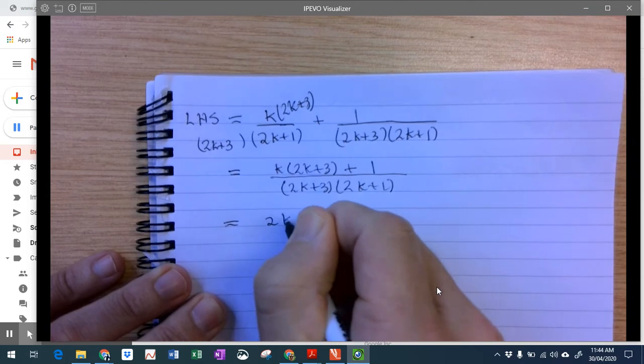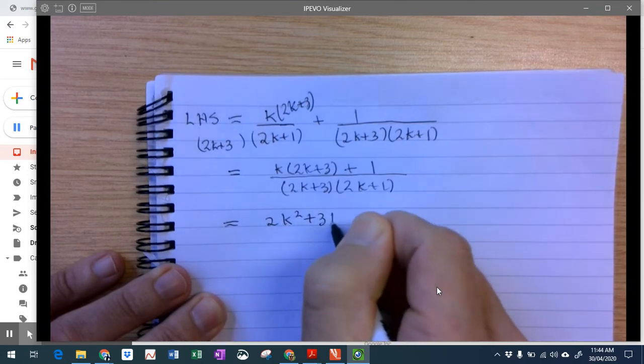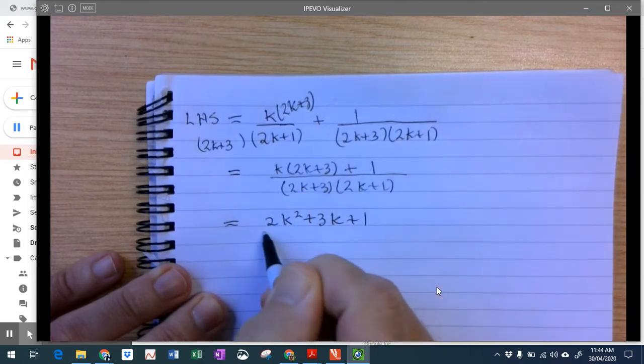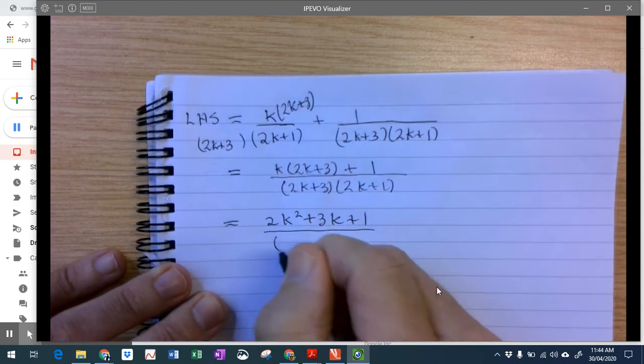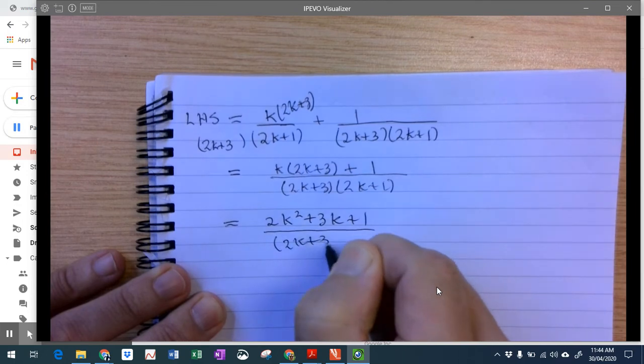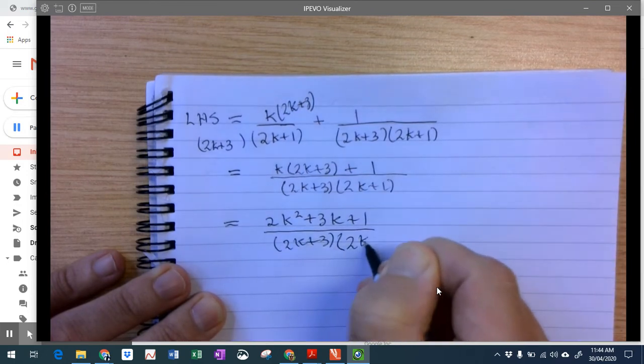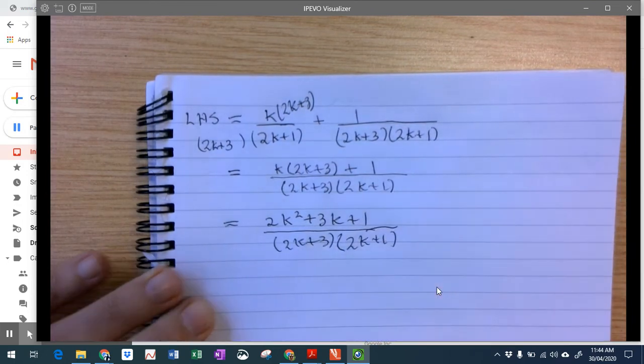You're going to get 2k squared plus 3k plus 1 over 2k plus 3, 2k plus 1.